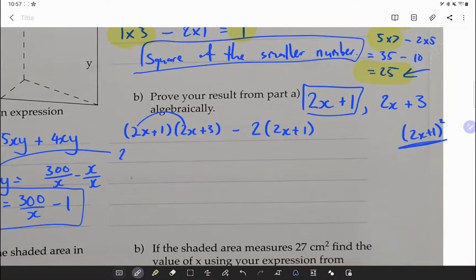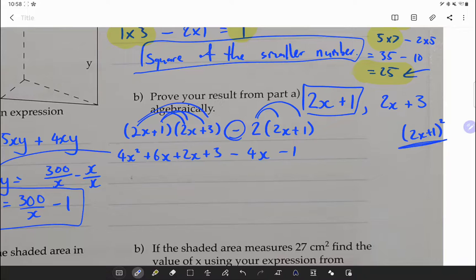So 2x times 2x is 4x squared. 2x times 3 is 6x. 1 times 2x is 2x. 1 times 3 is 3. Minus 2 times 2x is 4x. 2 times 1 is 2.